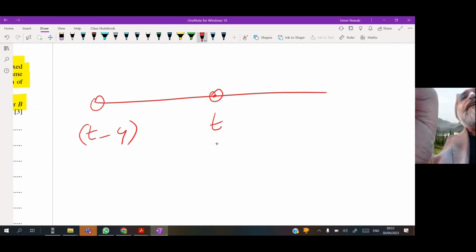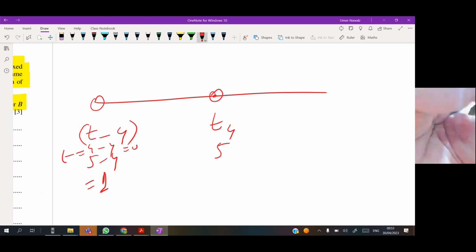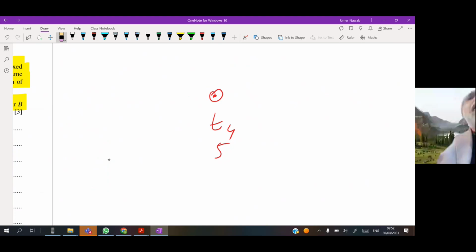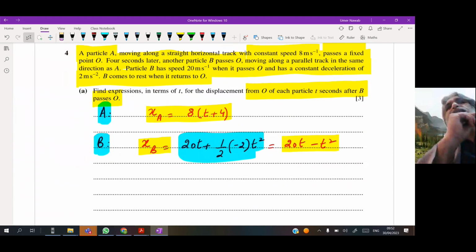When I put here t is equal to 5, then it is 5 minus 4, it will give you 1 second. If I put t is equal to 4, then 4 minus 4 means it will take 0 seconds. So the whole thing, guys, depends upon what the examiner requires from you. You have to read every statement, every sentence given in the question carefully and highlight it. And then you need to model your equations.